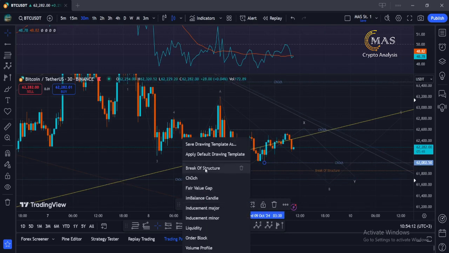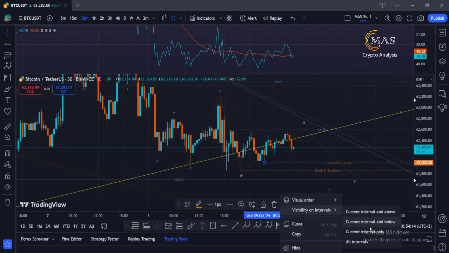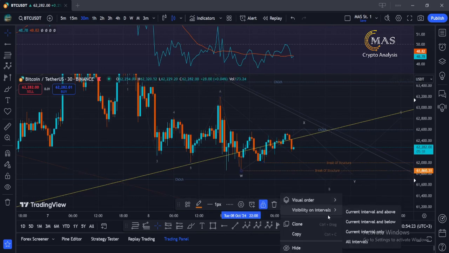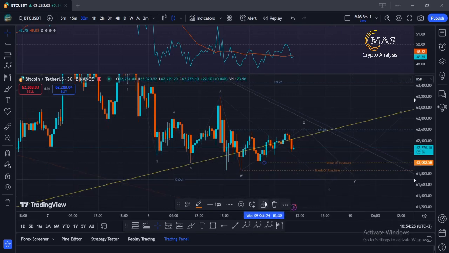I will put it for BOS until watching this highest high. I need to break this high here, my friend, to change this BOS to be a change of character.